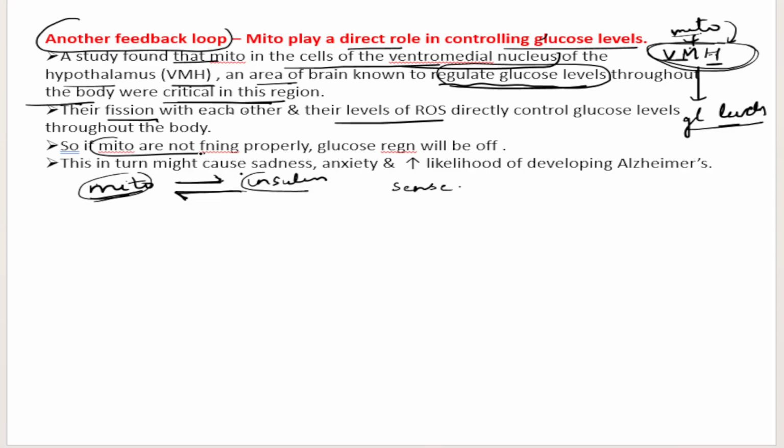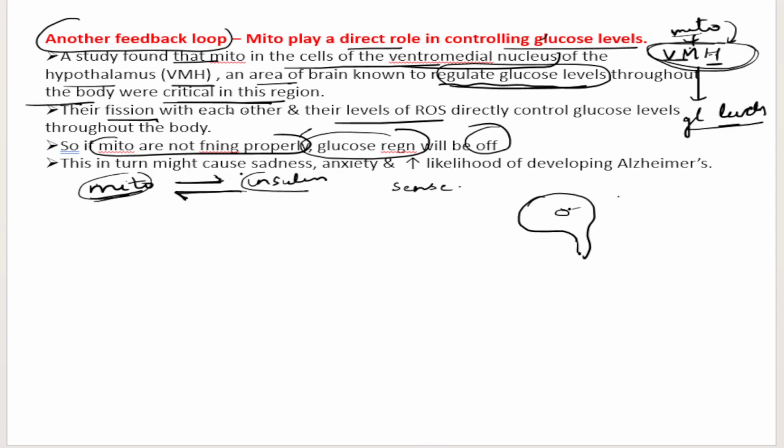If the mitochondria in the ventromedial nucleus of the hypothalamus are not functioning properly, then obviously the glucose regulation will also be off. So this is the hypothalamus, and there is a ventromedial nucleus of the hypothalamus.